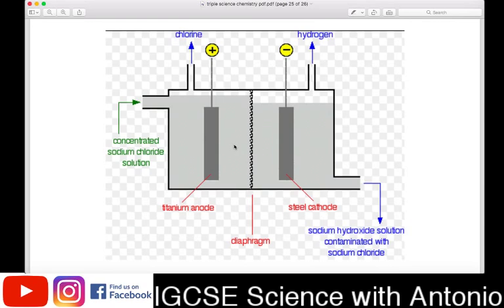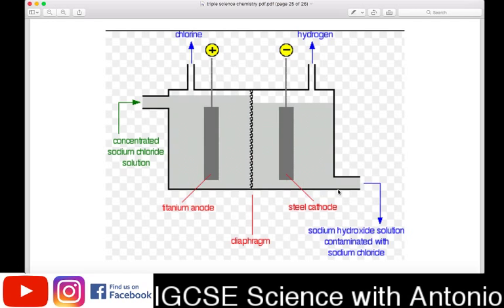You have two electrodes, one positive, one negative, and you see here, chlorine gas would be released, and hydrogen gas would be released right here. So, the diaphragm prevents the gases from mixing together, and then you will have sodium hydroxide tapped off from the side.